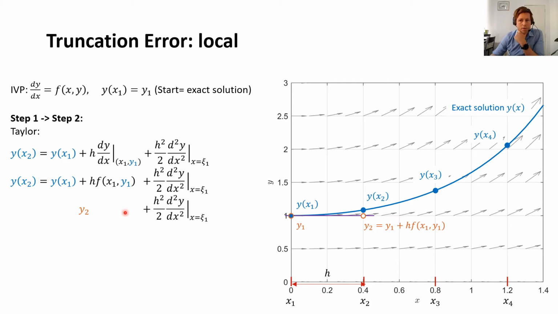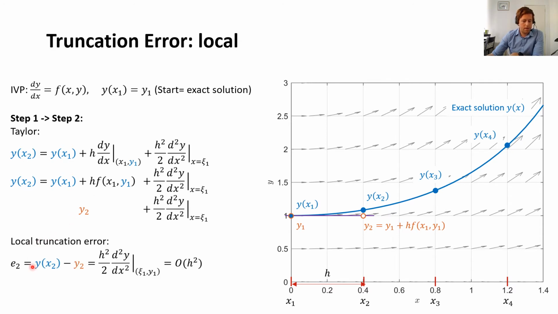So this now allows us to quantify the local truncation error because we have a relationship between the exact value at x2 and our numerical approximation at x2, which is y subscript 2. So this local truncation error is simply the difference between those two things, which is equal to this remainder term. Let's leave this second order derivative out of the equation for a short while, but I think the important thing to stress here is that this local truncation error is of second order. So a local truncation error here is of second order for explicit Euler.